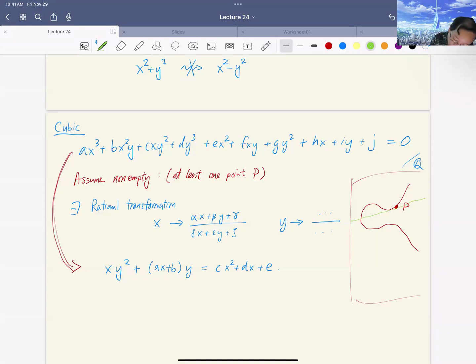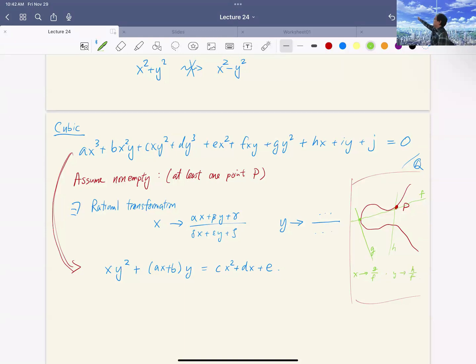Let's call this the function f. And then you draw another tangent line and call this g. So g is an equation. And then finally, you pick an arbitrary line that passes through P, and you call this h. Then your transformation is given by g over f and h over f.